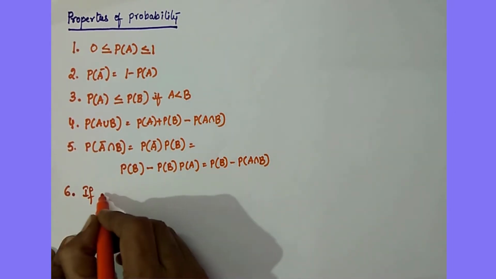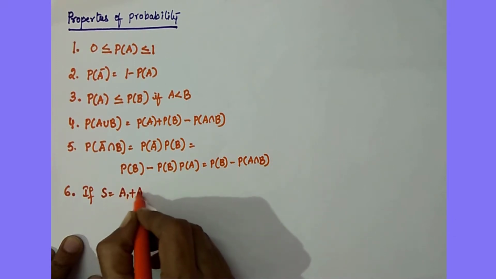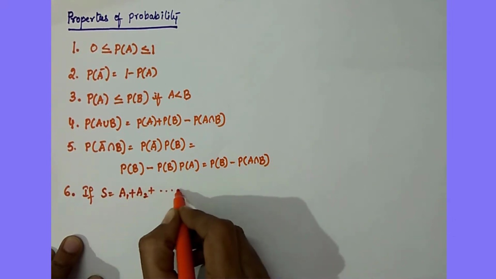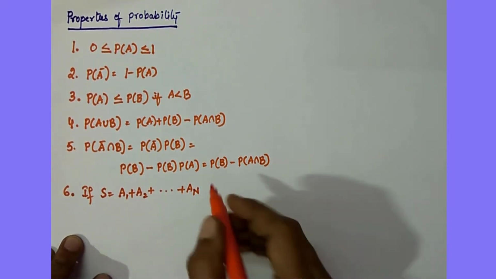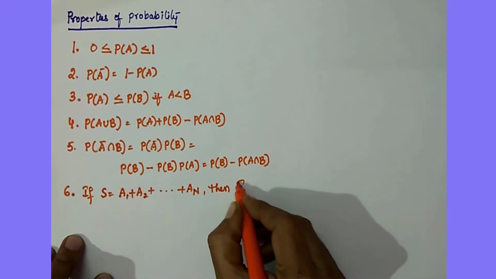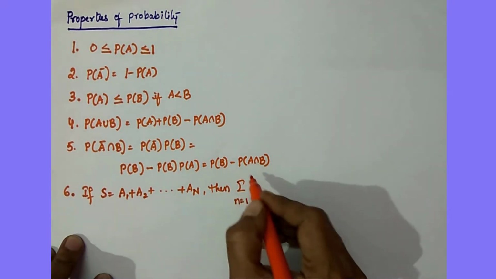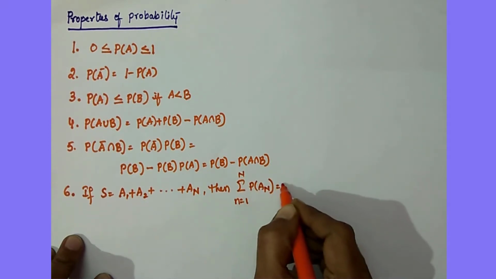Next one. If S is equal to A1 plus A2 plus etcetera plus AN, where S is the sample space and all these are events, then the sum from n equals 1 to N of P of AN is equal to 1.